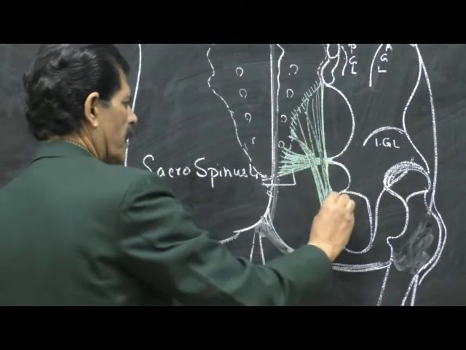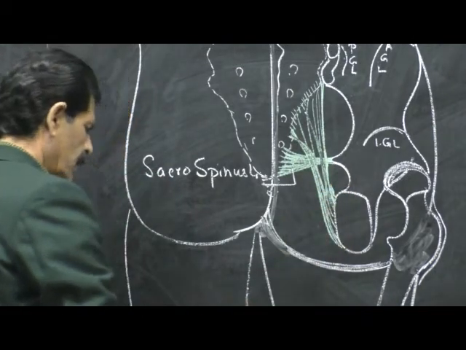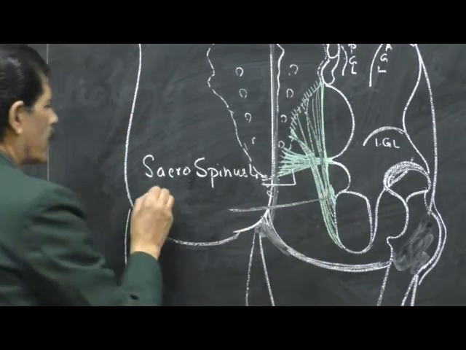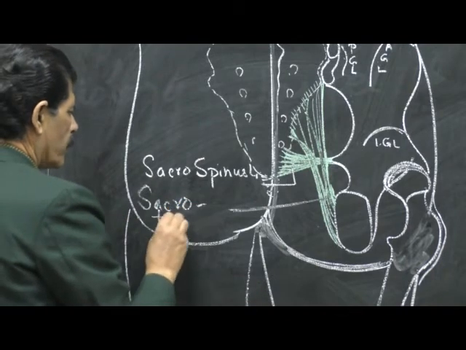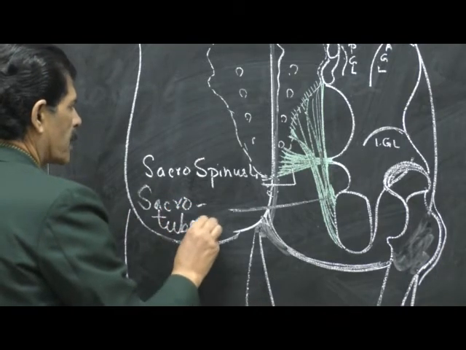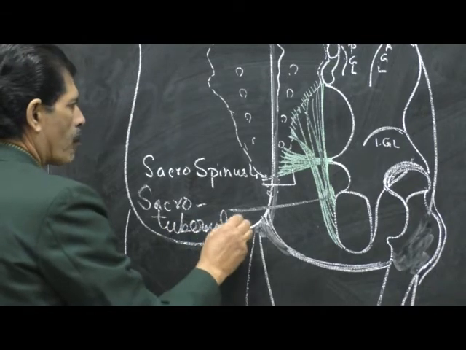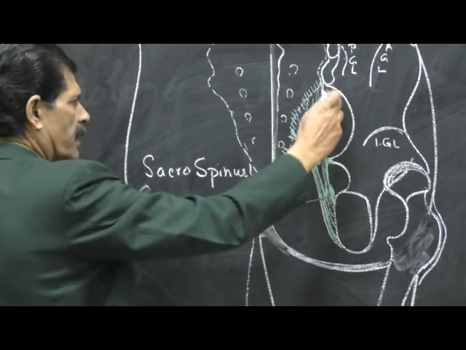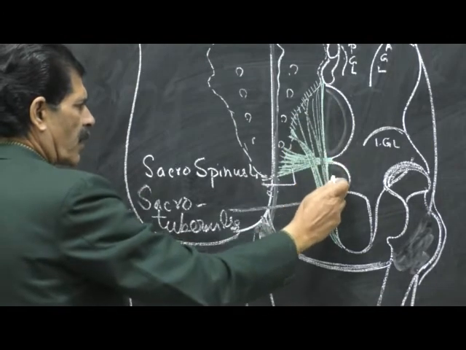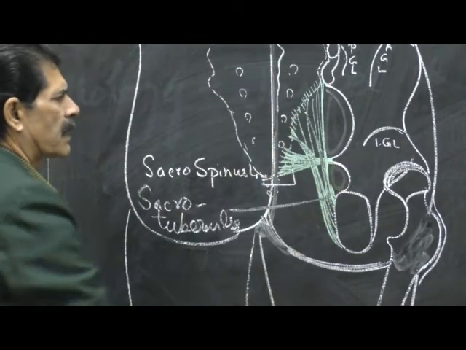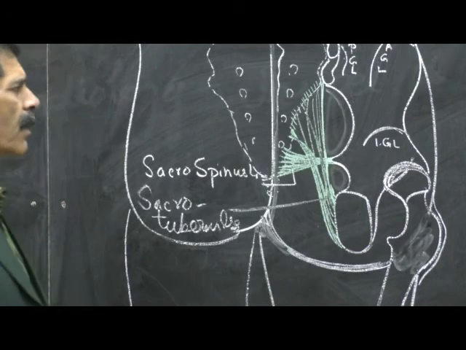Because of the attachment to the ischial tuberosity, this ligament is called the sacrotuberous ligament. And this converts the greater sciatic notch into greater sciatic foramen and the lesser sciatic notch into lesser sciatic foramen. So this is how the conversion is there.